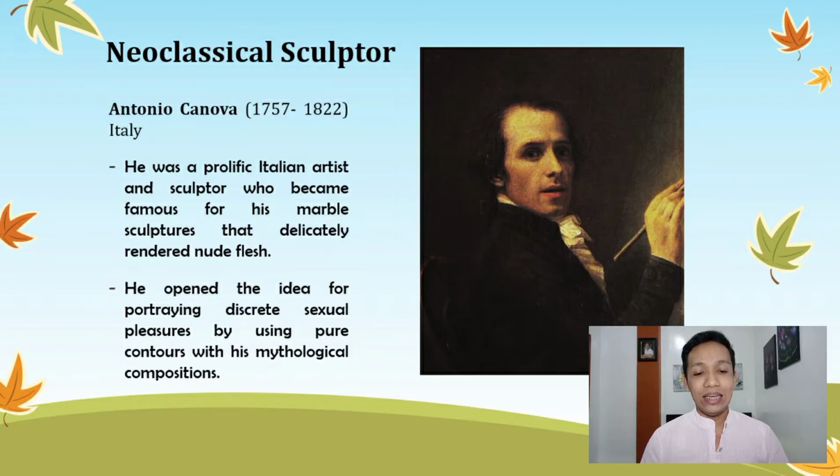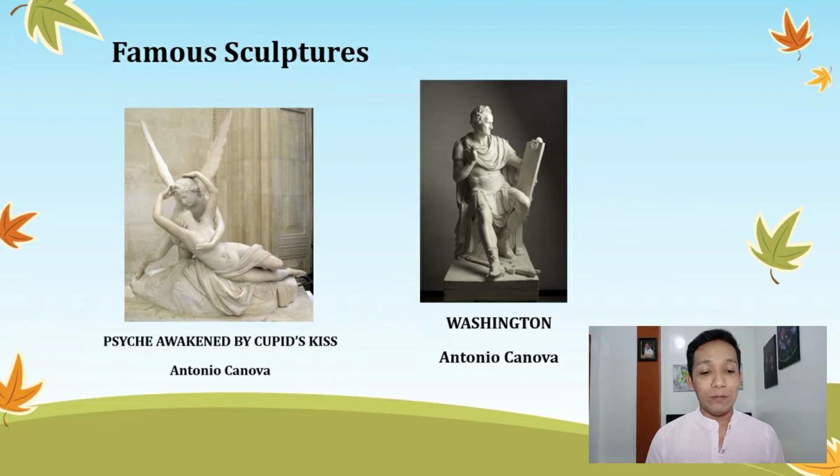And he opened the idea for portraying discrete sexual pleasures by using pure contours with his mythological compositions. Examples of his famous sculptures are Psyche Awakened by Cupid's Kiss and the Washington. Both are sculpted by Antonio Canova.